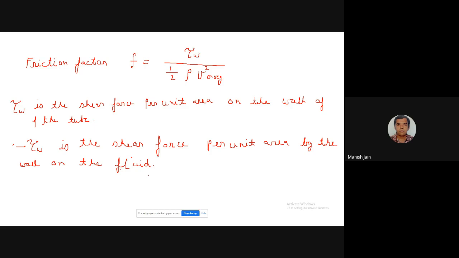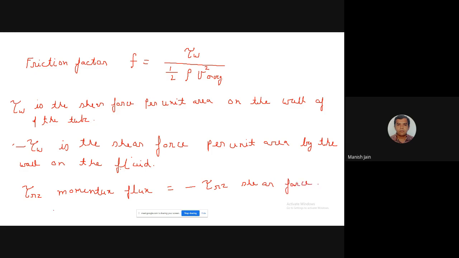And when you write the shear force as a momentum, tau Rz equal to momentum flux. In that problem, we use tau Rz as a momentum flux, that is the negative of the shear force. Momentum flux equal to minus tau Rz as shear force.